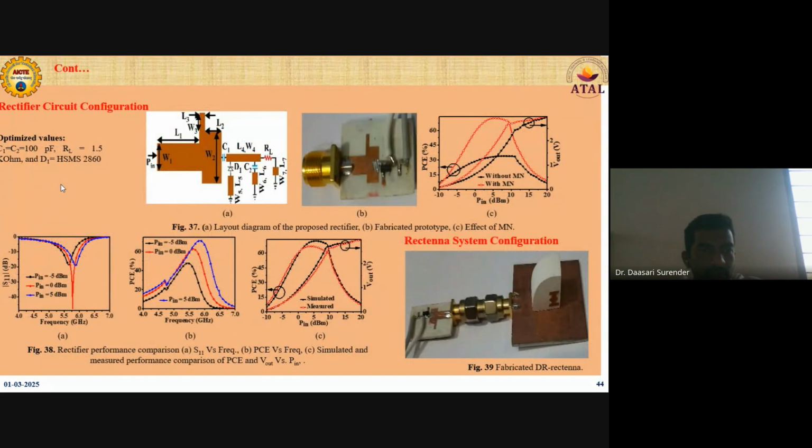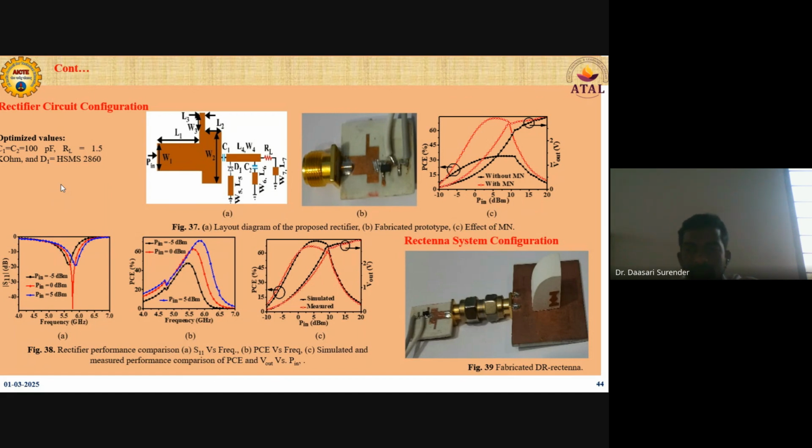So this is the rectifier circuit configuration for the rectenna system from the same paper, and the complete rectenna is presented in figure 39. Here the performance of the rectenna is also observed without and with a matching network. The rectifier performance can be seen clearly in figure 37.